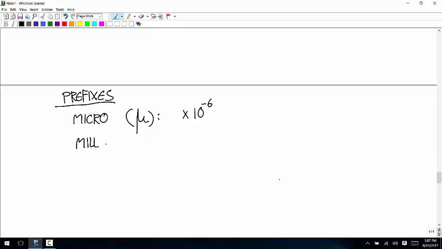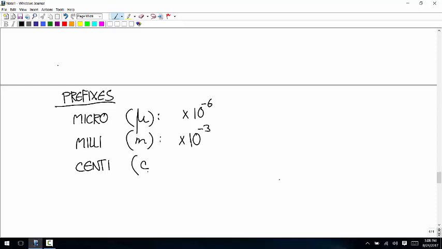The next one is milli. The symbol for that is a lowercase m, and that means times 10 to the minus third. The next one is centi.